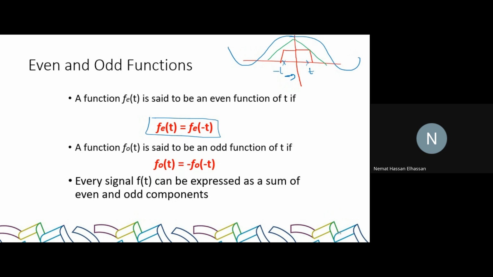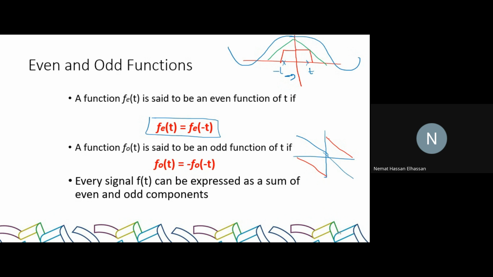Then we have what we call the odd signal. An odd signal is mirrored but with a diagonal, meaning whatever is happening here is reflected here, as if we have a mirror at the diagonal of the two axes.